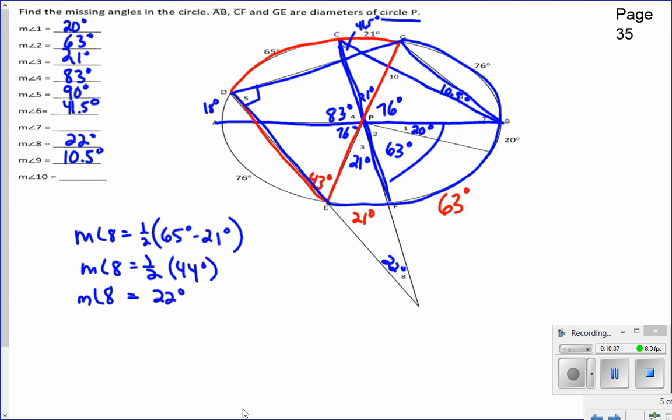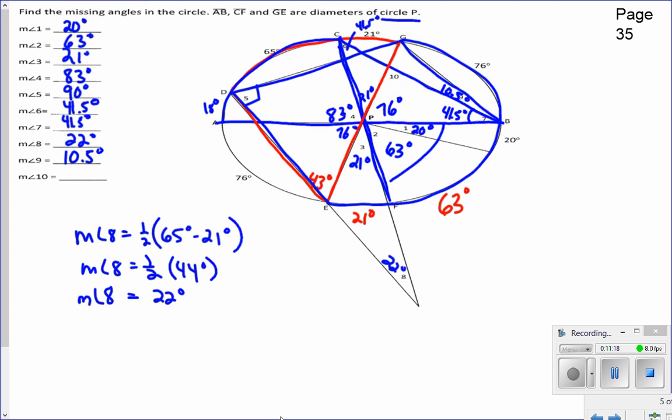Let's see if we can figure out 7. Okay, 7 is also an inscribed angle. So if I follow it over, C and A, CA is going to be the intercepted arc. So 65 plus 18 gives me 83. So if I divide 83 in half, again, I'm going to get 41.5 degrees for angle 7.